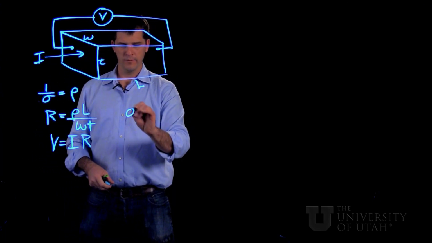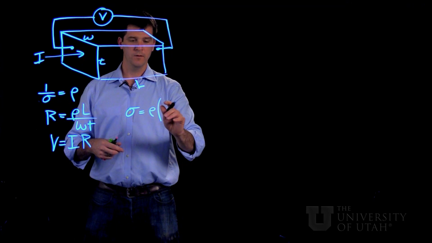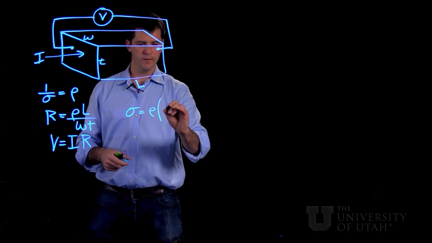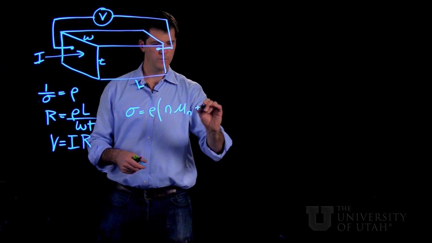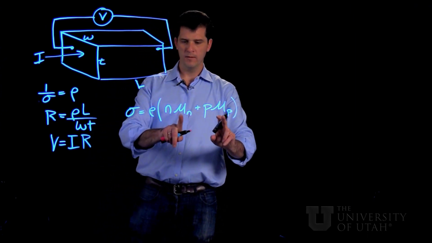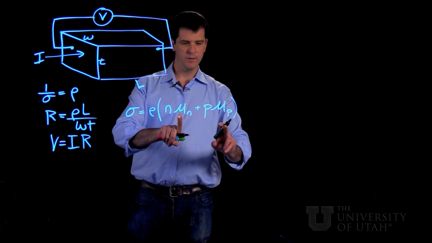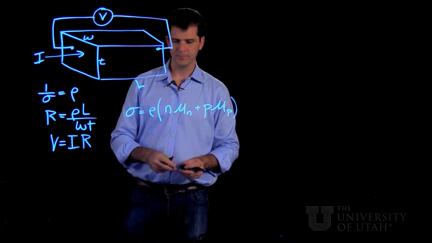So the conductivity in total, if you have a system that has both electrons and holes, would be N mu N plus P mu P. So the mobility of electrons and of holes appears in this equation.